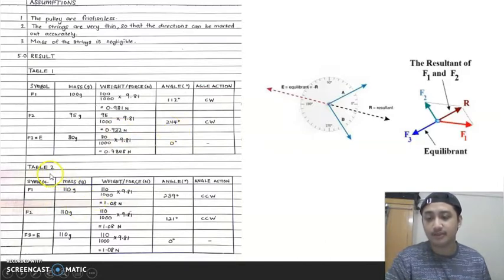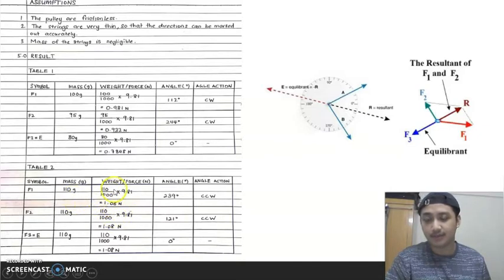On table 2, for force 1, force 2 and force 3, the mass are all the same, 110 gram. And it is also the same when we convert it to Newton. For the same, 110 over 1000 times the gravity, we got 1.08 Newton.